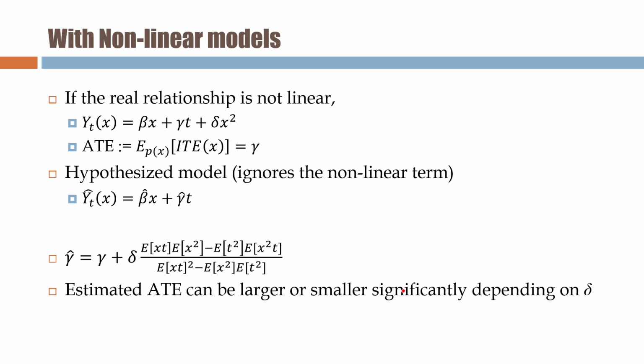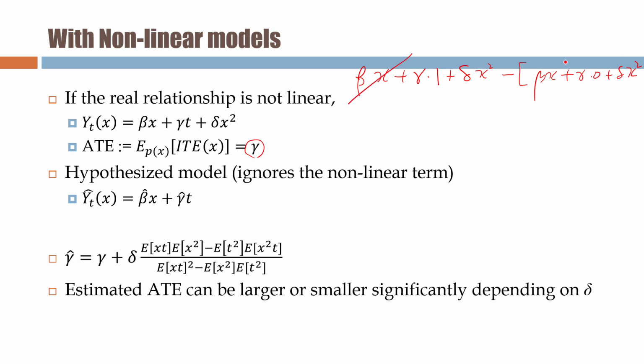In the non-linear model case, the calculation still gives gamma, because this will be beta x plus gamma, when t equals 1, gamma times 1, plus delta times x squared, right, minus beta x plus gamma times 0 plus delta x squared.